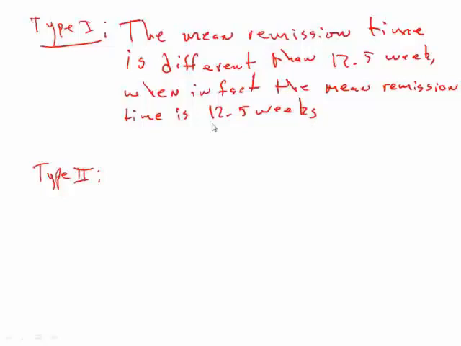if you will. The type 2 error says that you're accepting the null when the alternative is true.